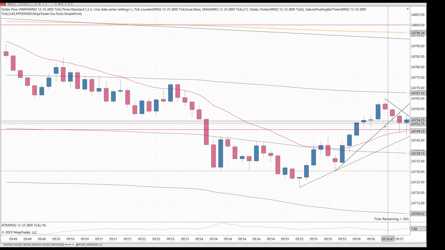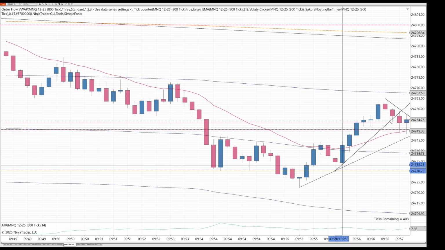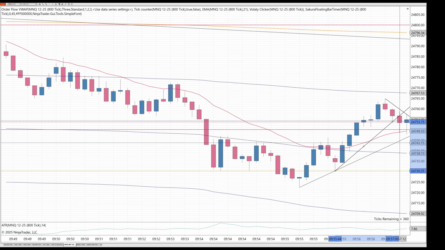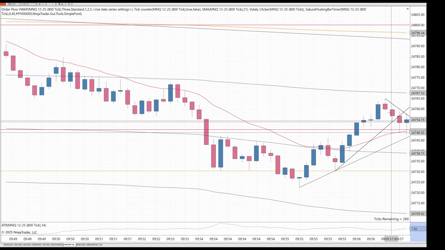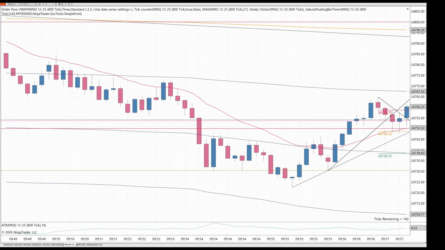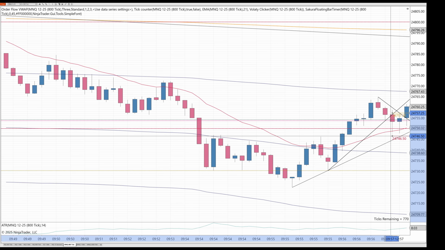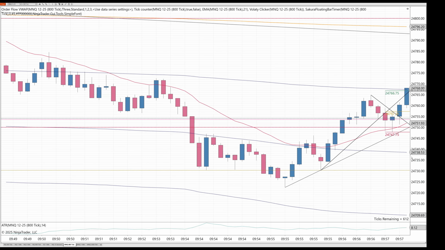This did trigger lower, but you can see all that support underneath us with the EMAs and that trend line and the standard deviation. So this trade is no good. This trade triggered higher, but we were in the middle of the bearish trade. It did end up working.